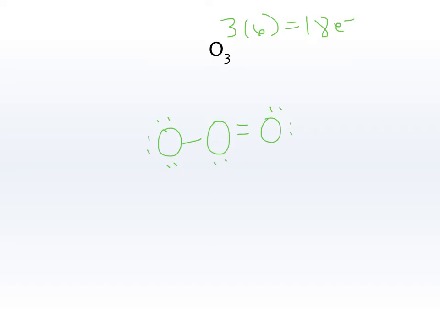So now we're going to count bonding pairs and lone pairs on the central atom. Oxygen has one lone pair of electrons, and for bonding pairs it has only two, not 3. This gets a little bit into hybridization. Remember that the first bond is the sigma bond, and the second bond is the pi bond.